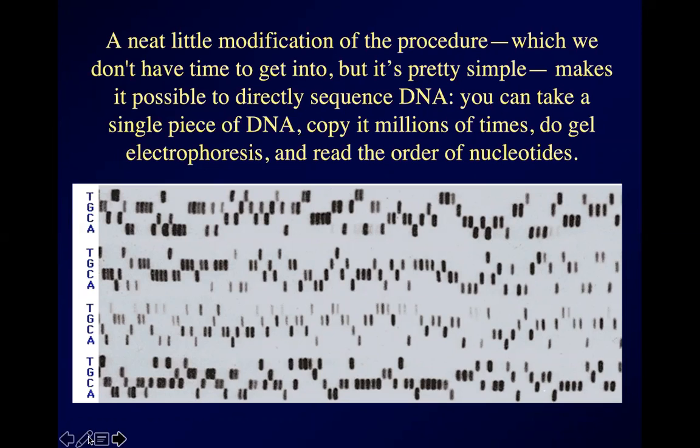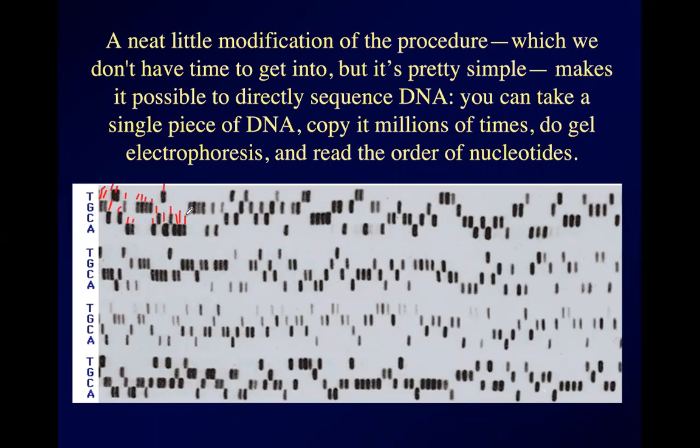This picture right here probably just looks like a mess, but you read it from left to right, and it's almost like reading music. So what this is saying is that the order of nucleotides in a piece of DNA is G, G, C, T, T, C, G, A, G, G, G, G, A, C, T, A, C, A, and so on.